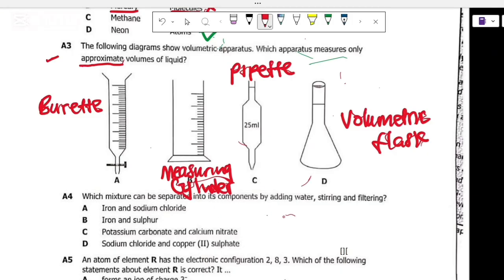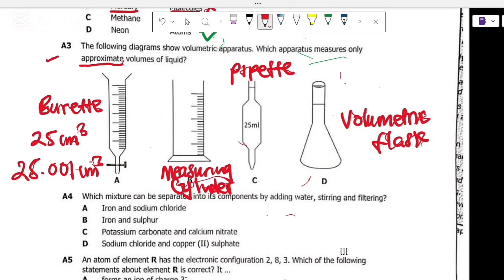I want you to look at these 2 numbers. Let's say we have 25 cubic centimeters, since this is volume, and then we have 25.001 cubic centimeters.